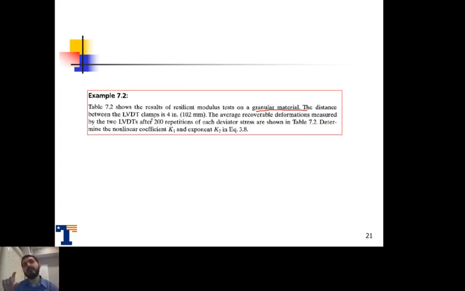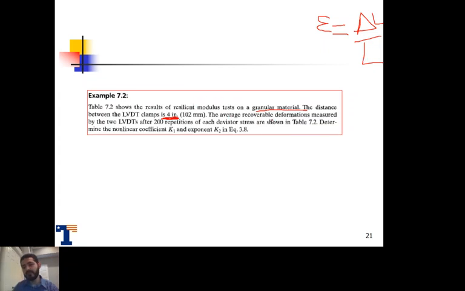Because to get the strain. Remember, the strain is delta L over L. So by knowing that the original distance is 4 inches, this is the L. And then once we get the difference in delta L, this is where we get the full strain.